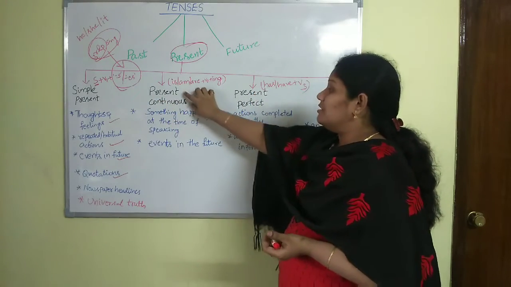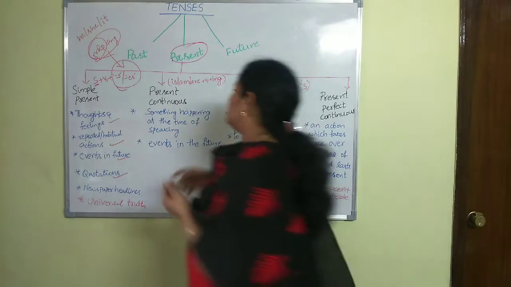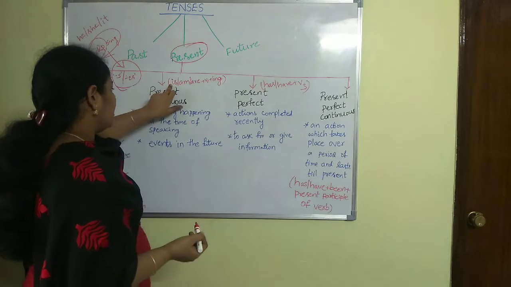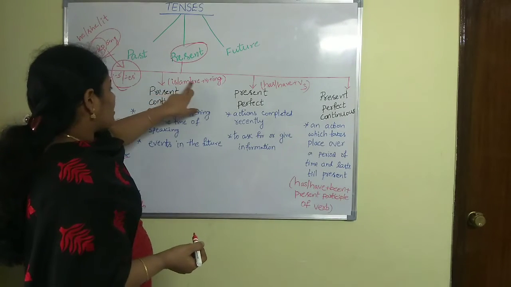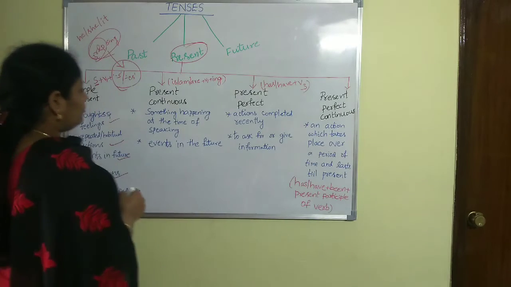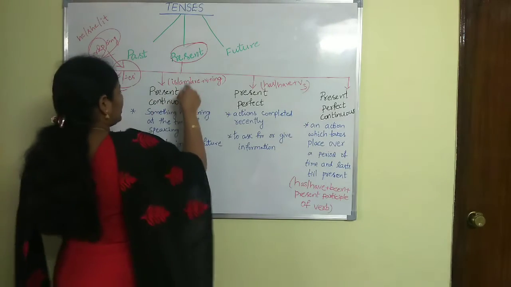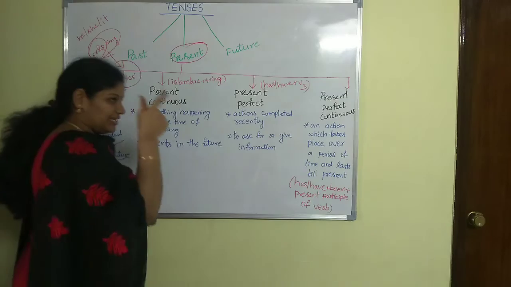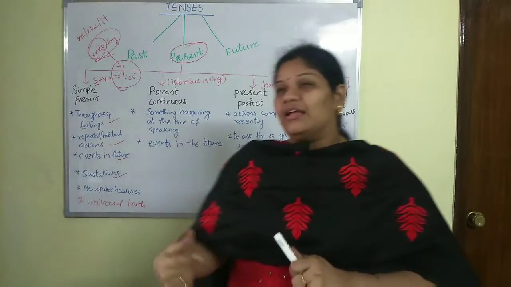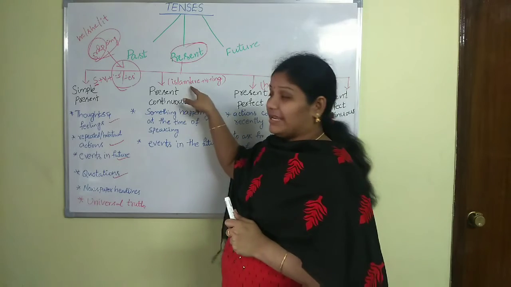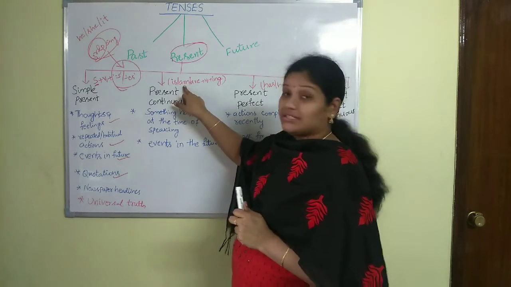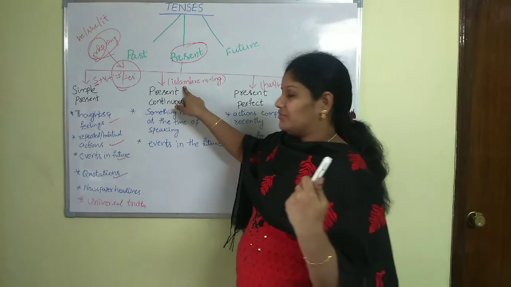Then coming to present continuous tense, here the subject is common for all these sentences, so I didn't write it. Is or am or are plus V1 plus ing form. What is this is or am or are? Why did I keep these slashes? Because it depends on the subject again. If it is the first person, I mean to say I, then we take am as the helping verb.